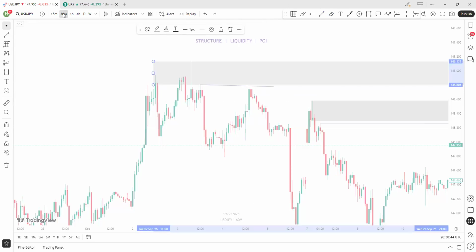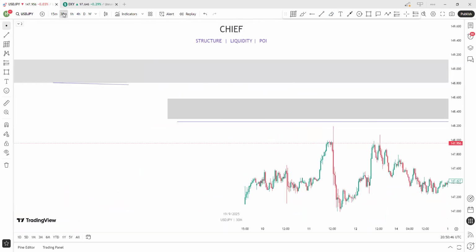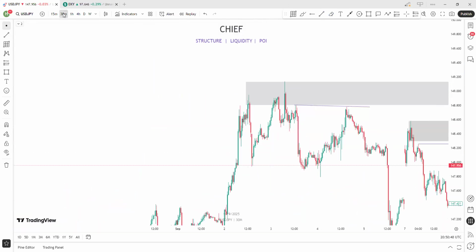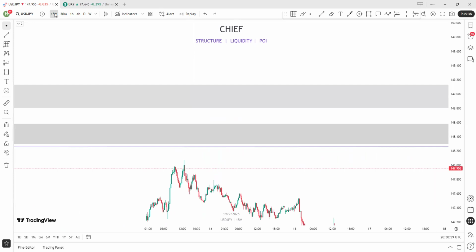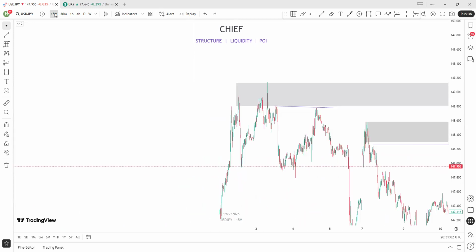Let's check 30 minutes and see what we have there. You see the liquidity that was swept very well here now. African coin, that's another concept of liquidity sweep.